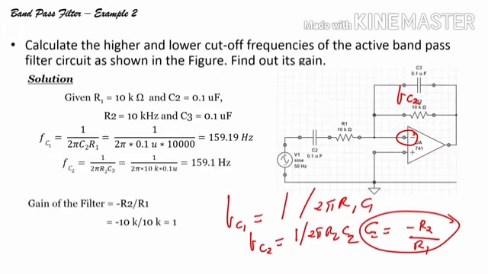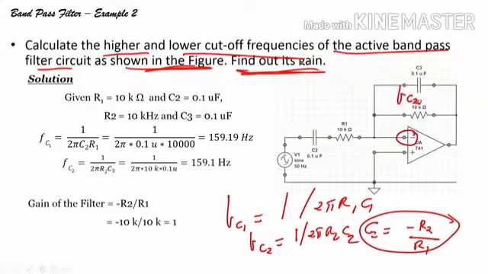Calculate the higher and lower cutoff frequency of the active band pass filter as shown in the figure, and find its gain. Well, let us find its gain first. So, R2 by R1, 10 by 10, minus R2 by R1, minus 10 by 10, gain equals 1, super easy, right. Now, let us see the cutoff frequencies.